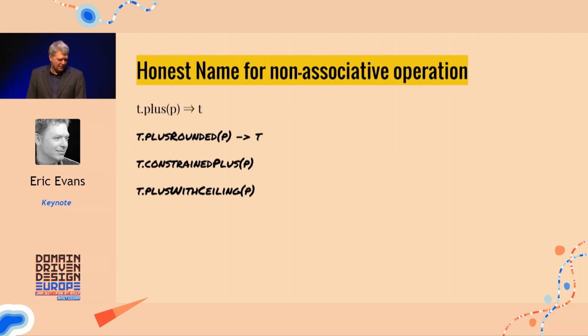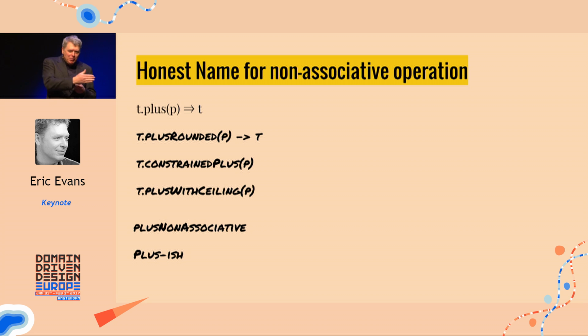We could call it, let's add some possible names, how about plus non-associative? So I think we need a name for this thing. And it needs to be something that doesn't lure people into expecting things that they won't get. Because the truth is, it's a perfectly valuable, useful feature.